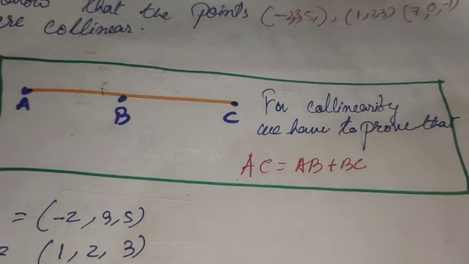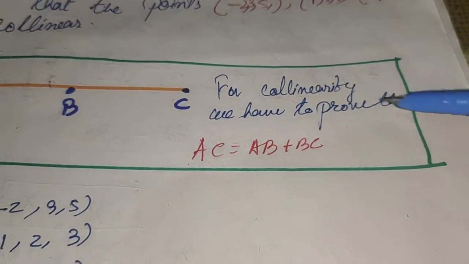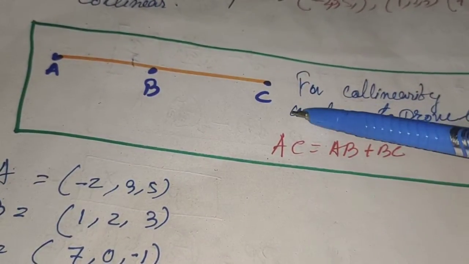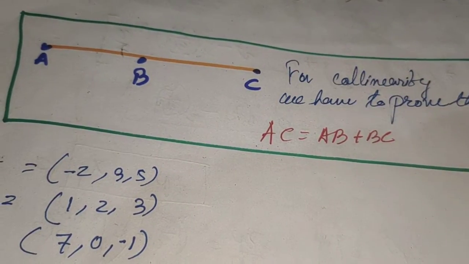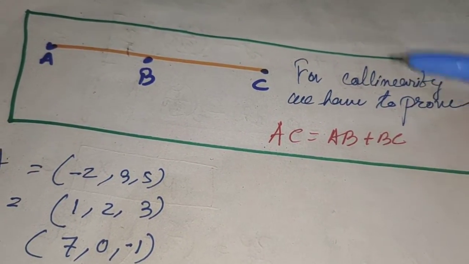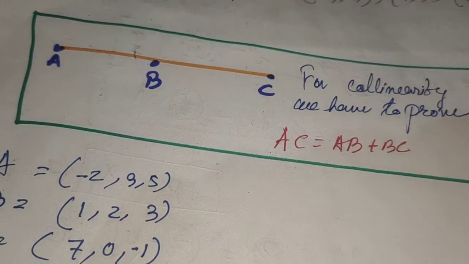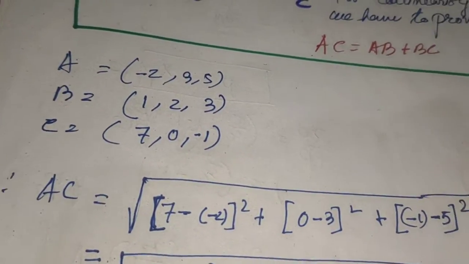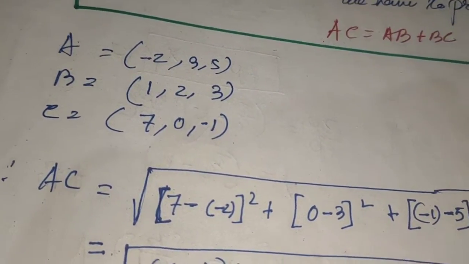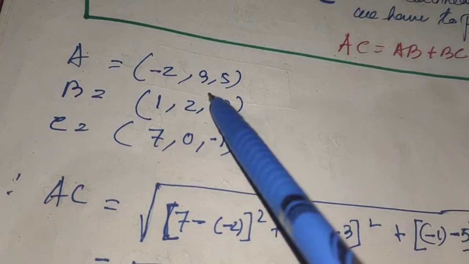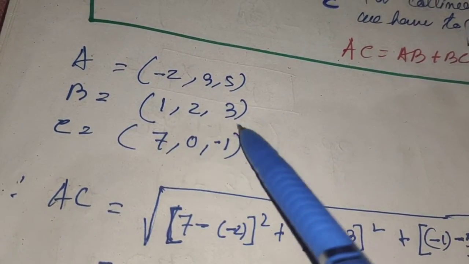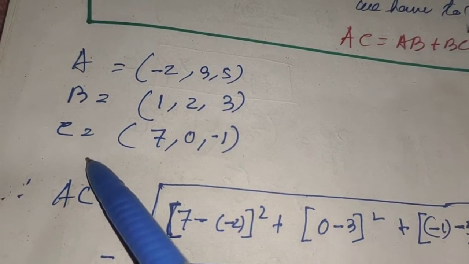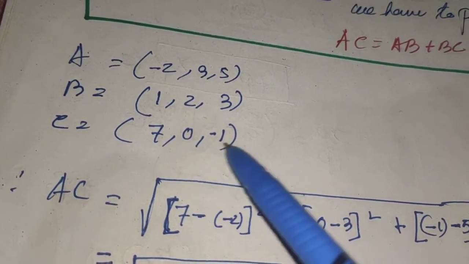So for collinearity we have to prove that AC, the entire line, equals AB plus BC. That means ultimately we have to prove that B is in between A and C. So first of all, let us write down the points: A(-2, 3, 5), B(1, 2, 3), C(7, 0, -1).